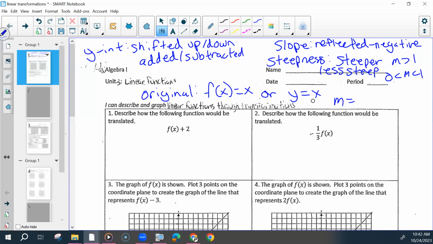What's the number in front of x? 1. And what is your y-intercept? 0. So when we talk about all of these other ones, we're going to be comparing it to that. When we get back, we'll talk more about that.